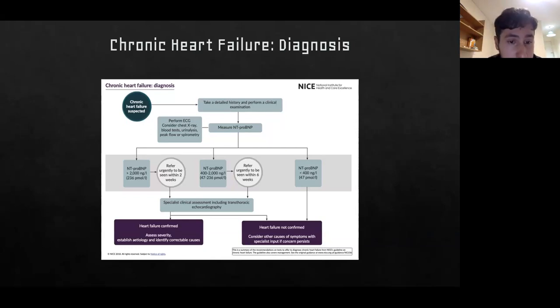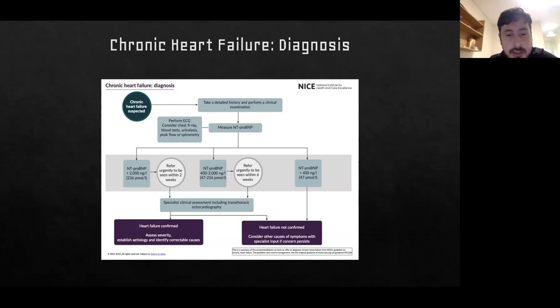If it's very high, we can refer them urgently to be seen within 2 weeks by a specialist. If it's in that intermediate category, they can wait a bit longer, so we can refer within 6 weeks. And if it's less than 400, you can be very confident that this is not heart failure, and you start to consider other diagnoses.